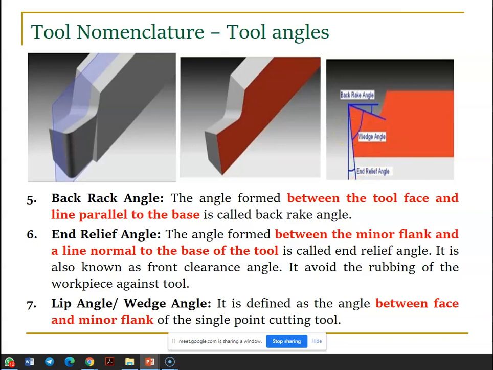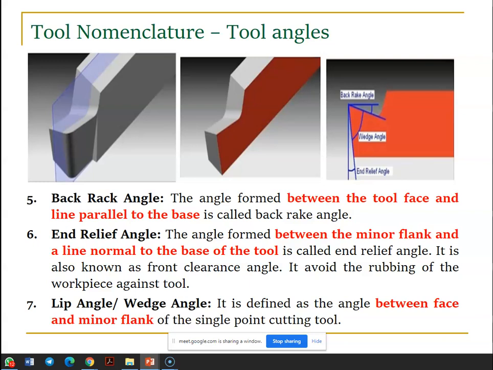So there are 7 types of angles. Every angle has its own purpose. For a particular application, the angles may vary. So this is the nomenclature of the single point cutting tool.